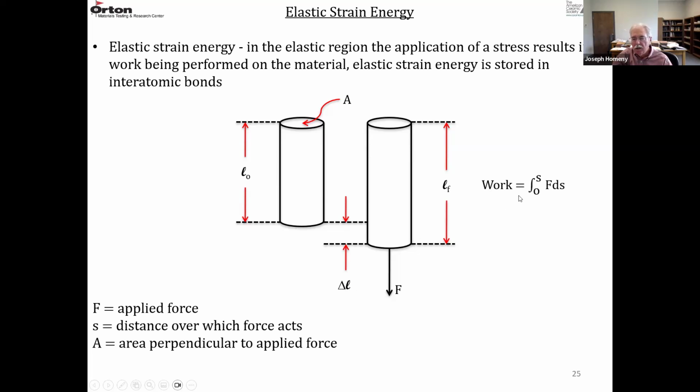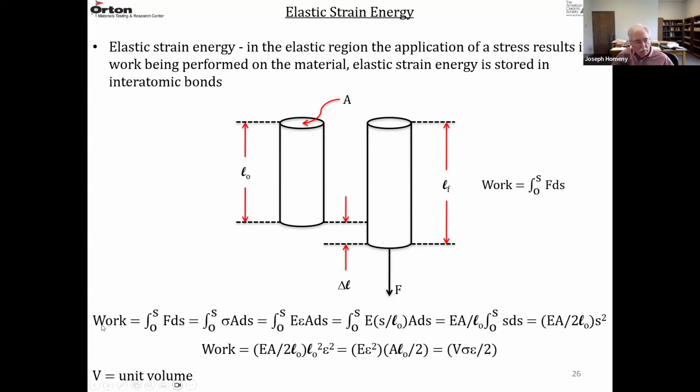So the work simply equals the integral from 0 to S of F ds. F is the applied force, S is the distance over which the force acts, and A is the area perpendicular to the applied force. So our work is defined by this integral from 0 to S, F ds.